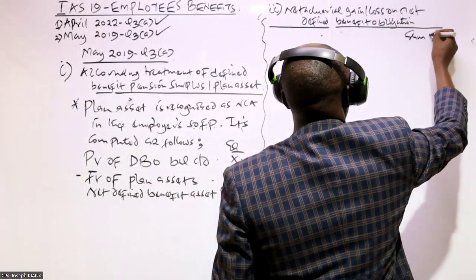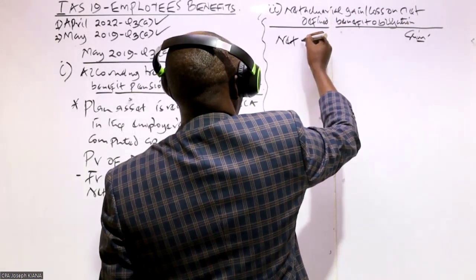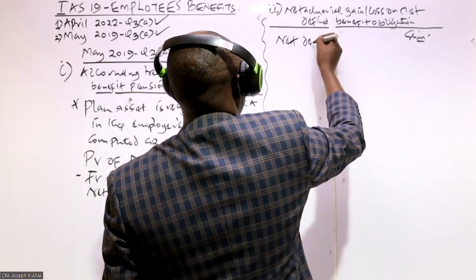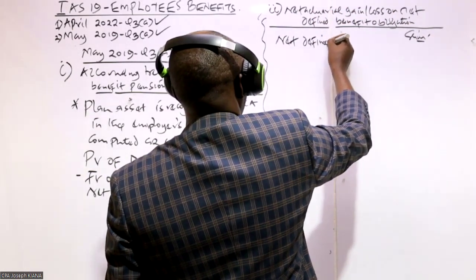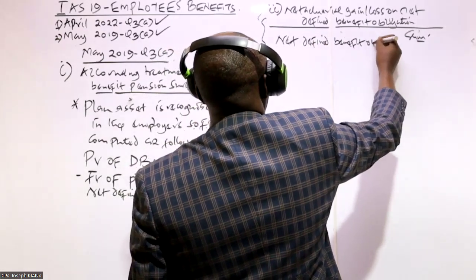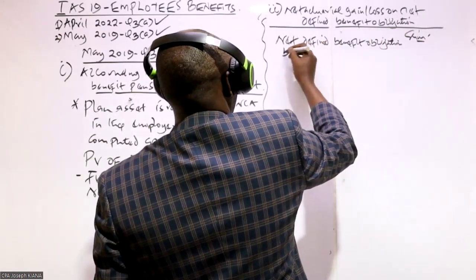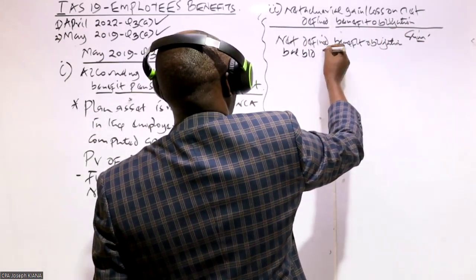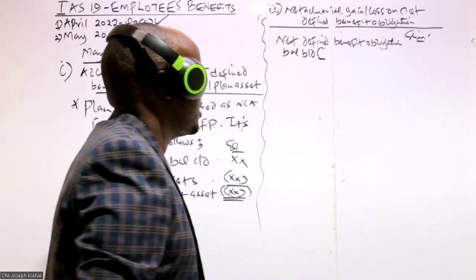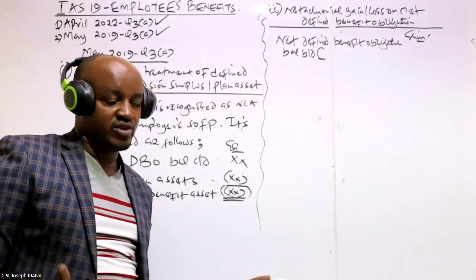Our figures are in millions of shillings. To compute this, we always start with the net defined benefit obligation at the start of the year, that is balance brought down. In this question, are we given this net defined benefit obligation at the start of the year? No, this one we are not given.